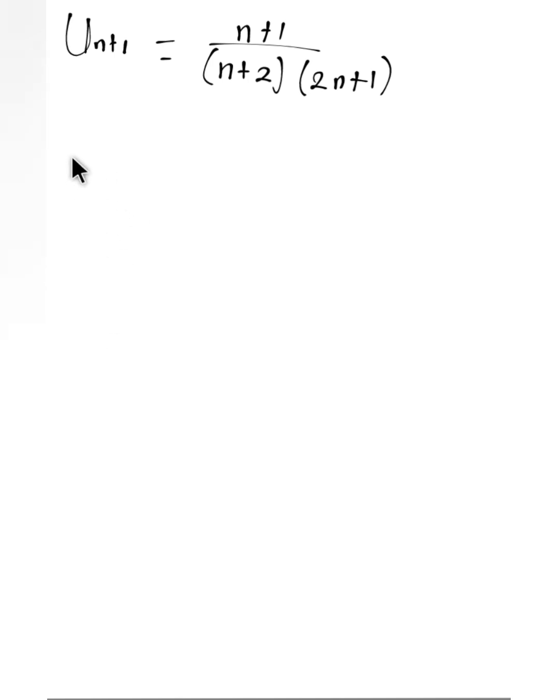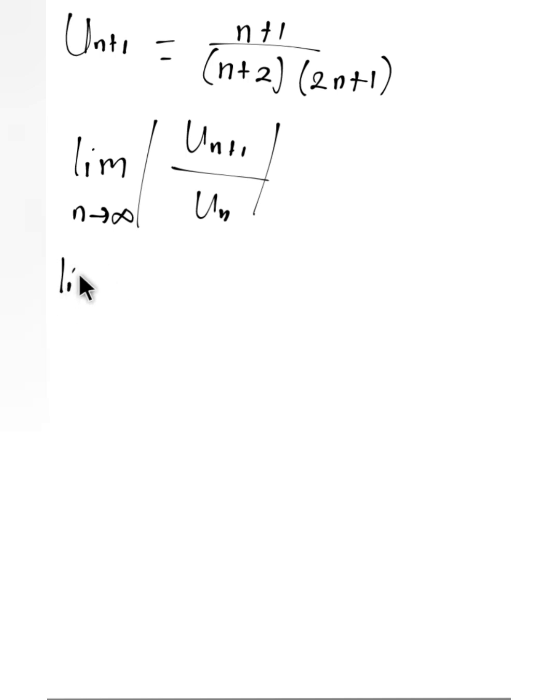Now we need to find the limit as n tends to infinity of un plus 1 over un. The limit will enable us to determine whether the series is really divergent. So let's get started. The limit as n tends to infinity of un plus 1 is n plus 1 all over n plus 2 into 2n plus 1.